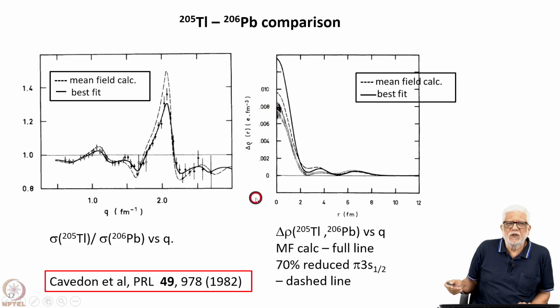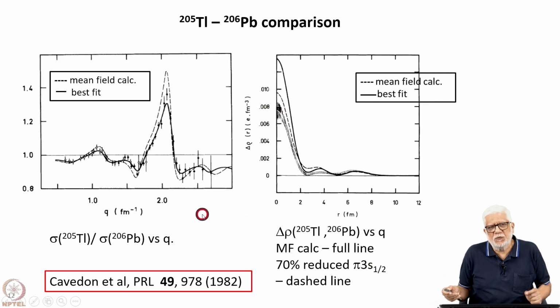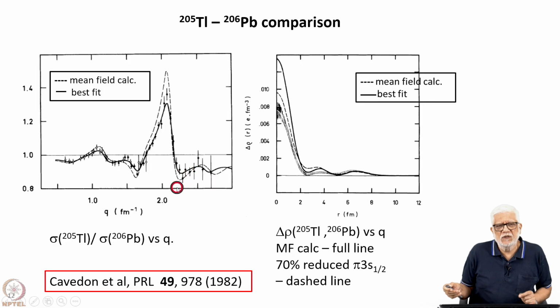So, even such precise information about the difference due to just a single proton can actually be measured by such electron scattering experiments. They are not, of course, very easy measurements, but they can be done, and the good thing is that you can actually pin down the charge density due to just a single odd proton by doing such difference experiments.